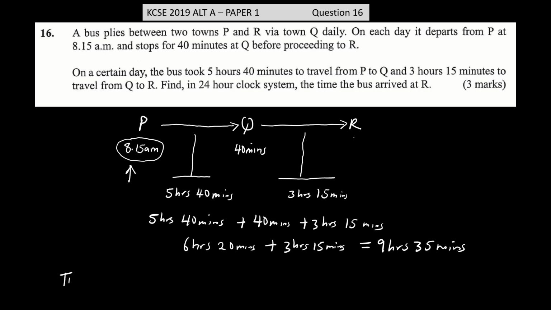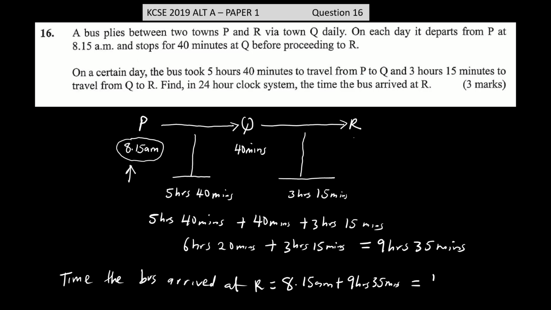So the time the bus arrived at R will be equal to 8:15 a.m. plus 9 hours 35 minutes. And this will be equal to, we just add directly, 8 plus 9 is 17, and 15 plus 35 is 50. So the bus arrived at 17:50 in 24-hour clock system.